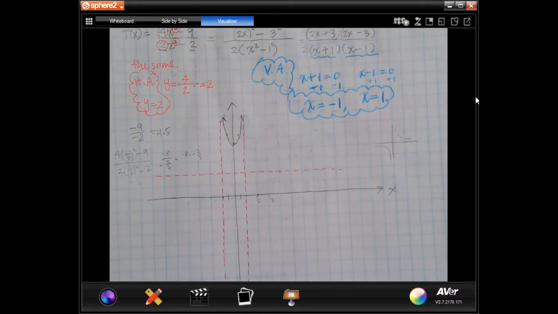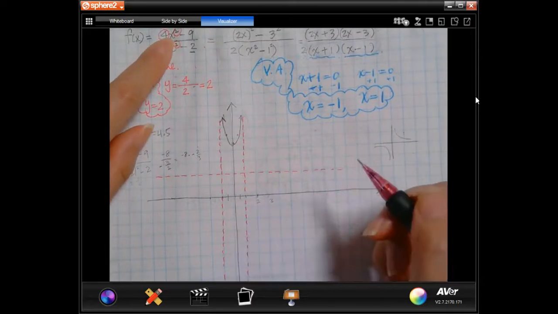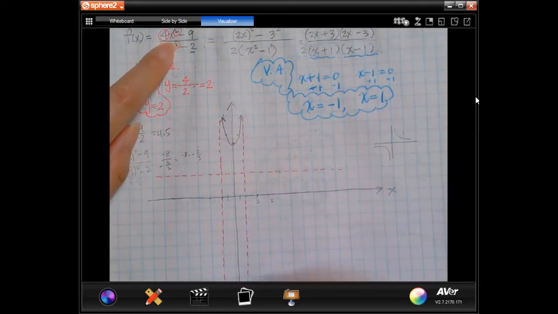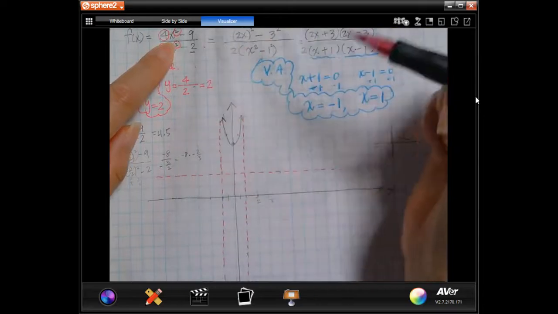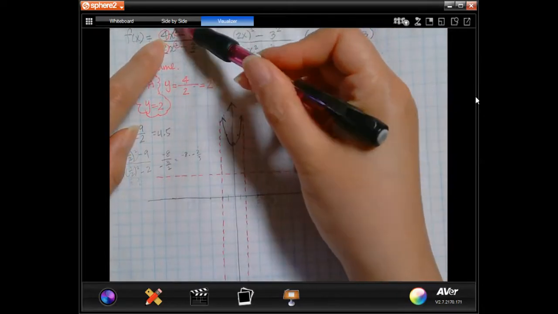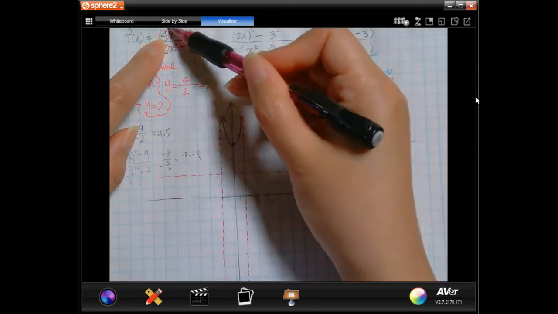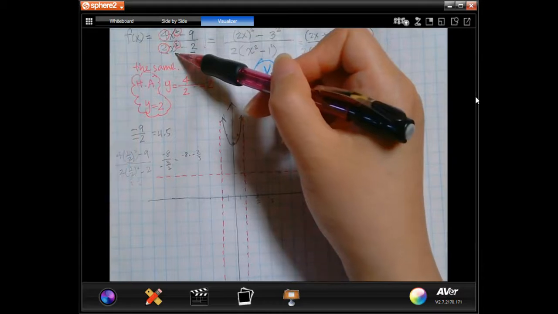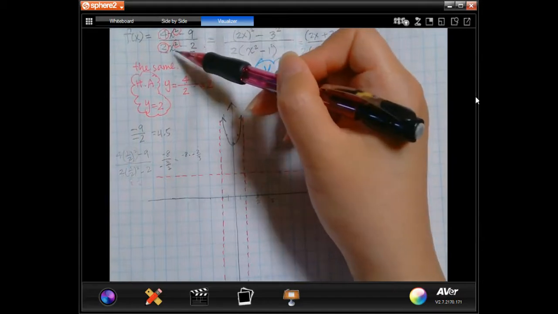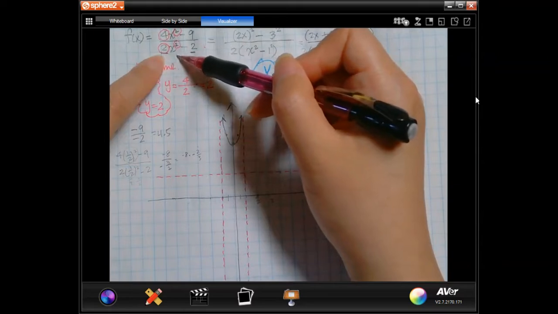Then if I test 2, then 2 goes in here. So 2 squared is 4. 4 times 4 is 16. And 16 minus 9 over 2 goes in here, the 4. 4 times 2 is 8.